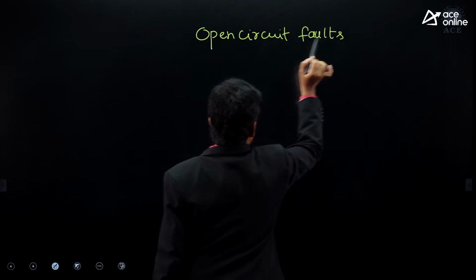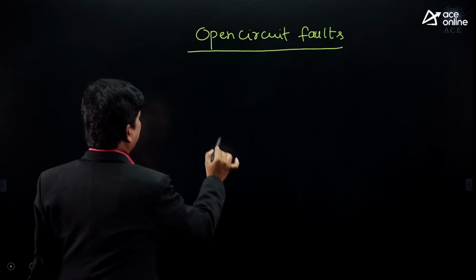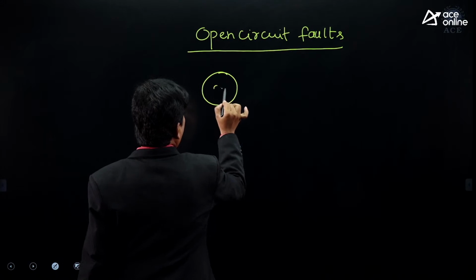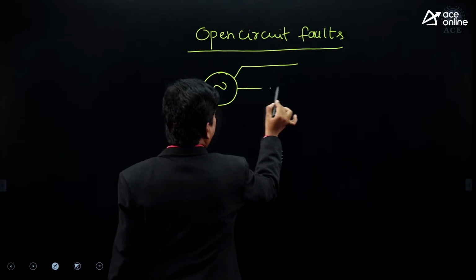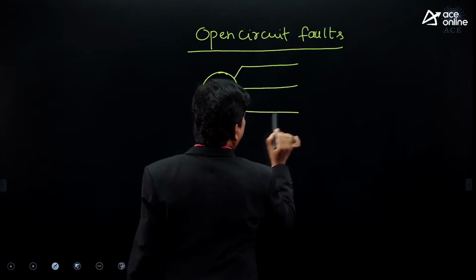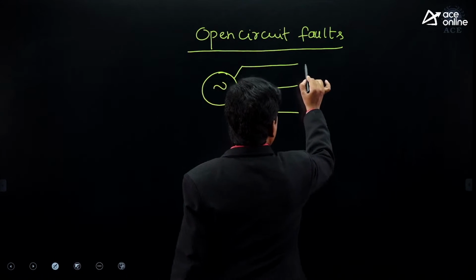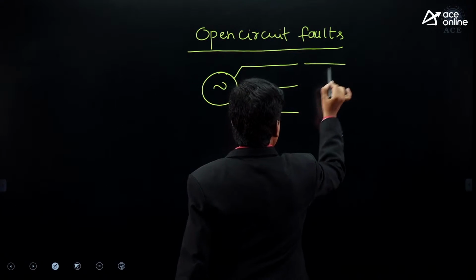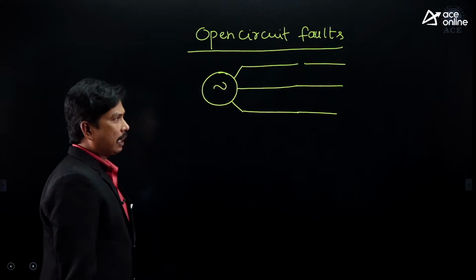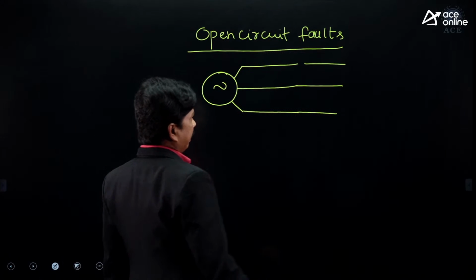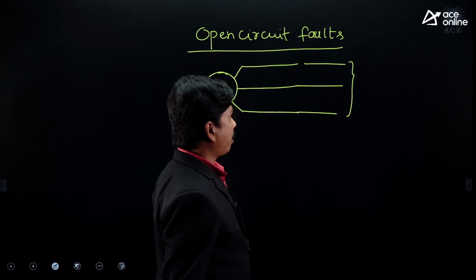in case of an open circuit fault, students, suppose we are having a three-phase generator. This three-phase generator consists of three transmission lines, phase A, phase B and phase C. Right? Whenever only one conductor is opened and the remaining two transmission lines are safe, we can call this fault a one conductor open fault.